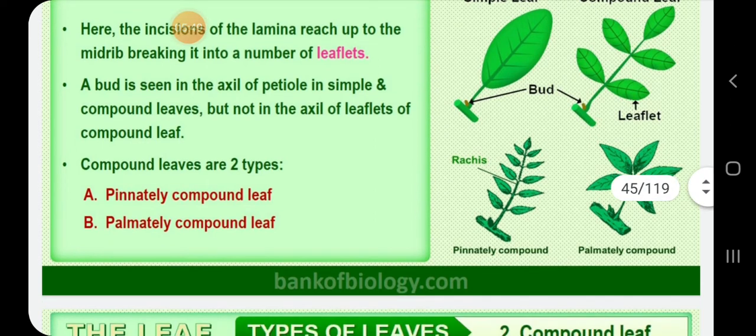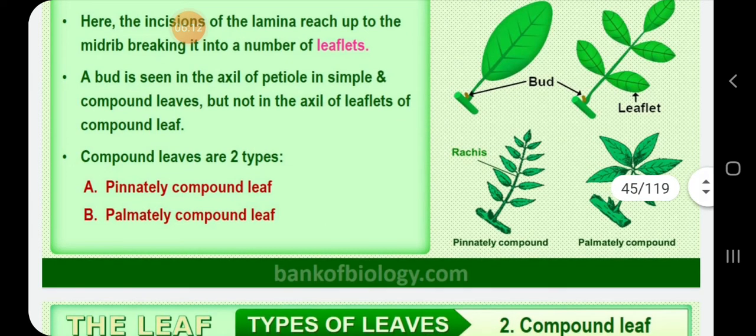Here there are many pinnately compound leaves. A bud is seen in the axil of the petiole in simple and compound leaves. In compound leaves you can never see the bud in the axil of a leaflet, but it will be in the axil of the main petiole.